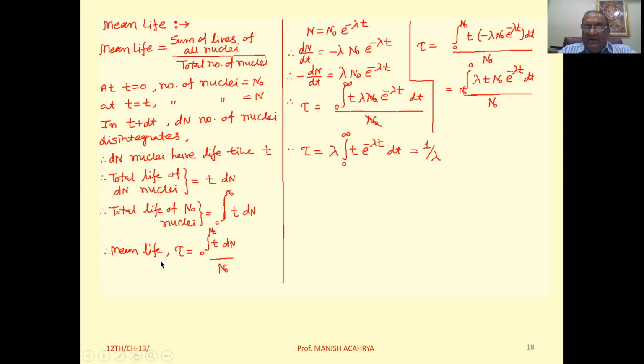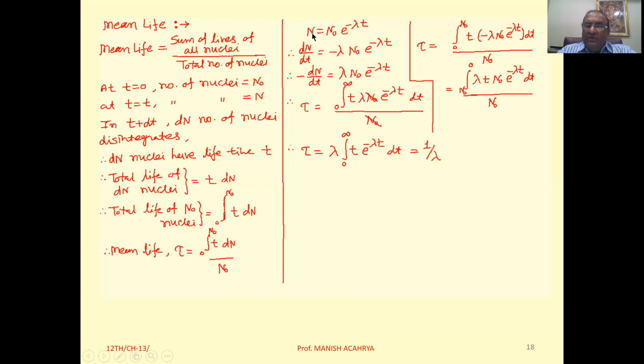And now mean life, that is represented as tau, that is equal to, now see here in the definition, the sum of the lives of all nuclei. So that is integration 0 to n0 t dn upon total number of nuclei n0.